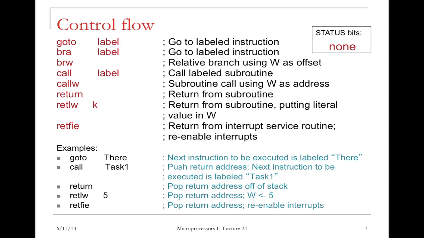The purpose of doing this is to put the return value into the working register W. And RETFIE is for return from the interrupt service routine and enable the interrupt.